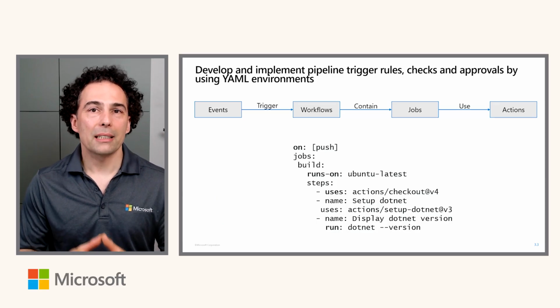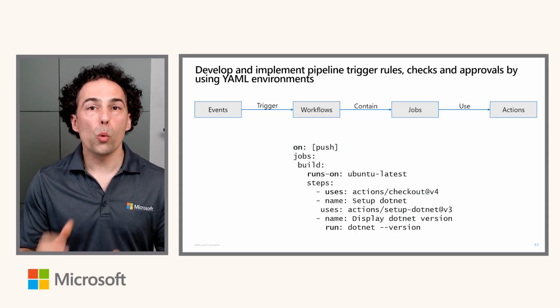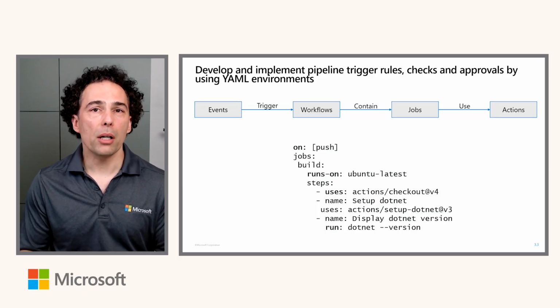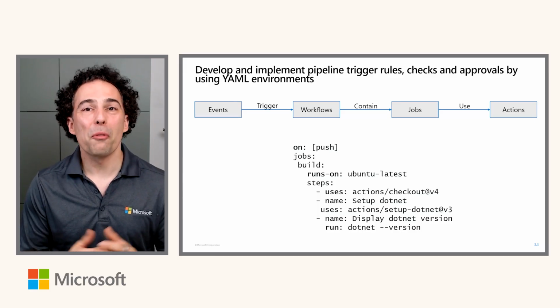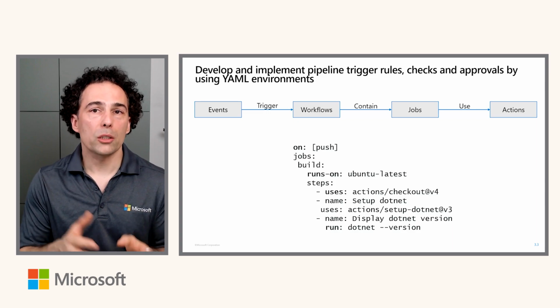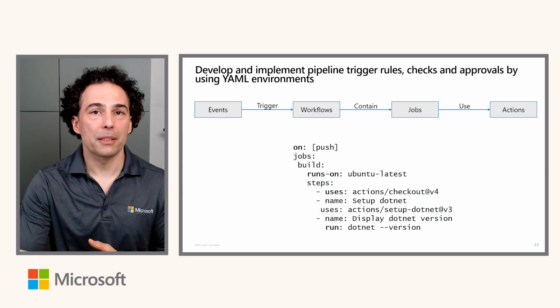Azure Pipelines has YAML and classic pipelines, but GitHub Actions uses only YAML. For the exam, notice how the setup and the parts of a GitHub Actions workflow are different or similar from those in Azure Pipelines. For example, one workflow has one or more jobs that use actions in their steps.